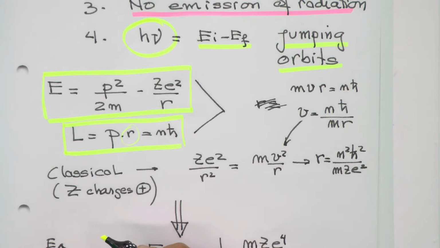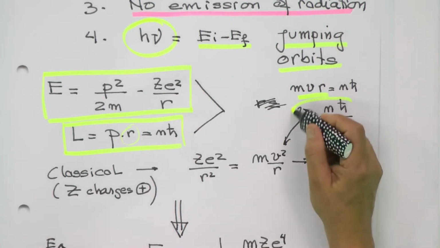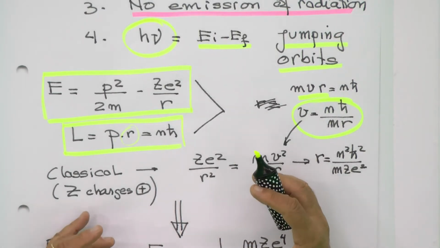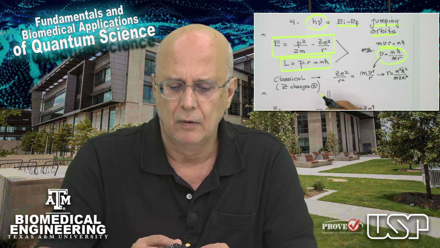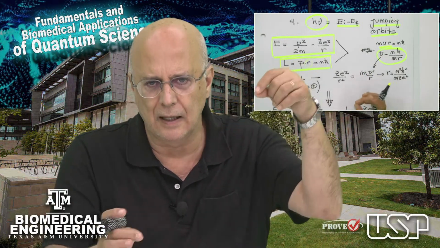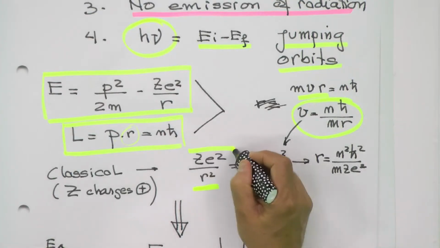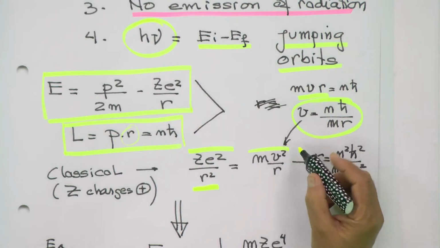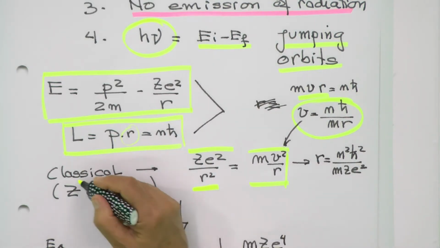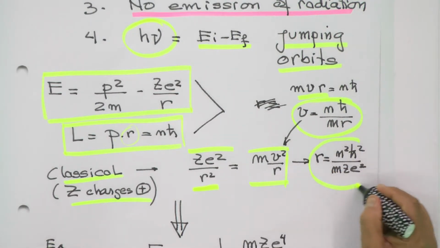So by this, we have the velocity. And we know that the orbit will be stable when the electrostatic force of the nucleus pulling the electron is equal to the centrifugal force. This is classical, doing the classical mechanics of the orbit. And that gives us a radius.